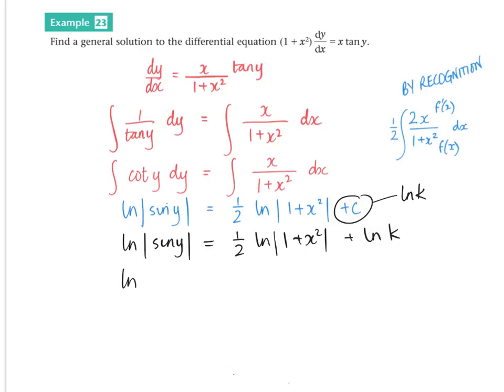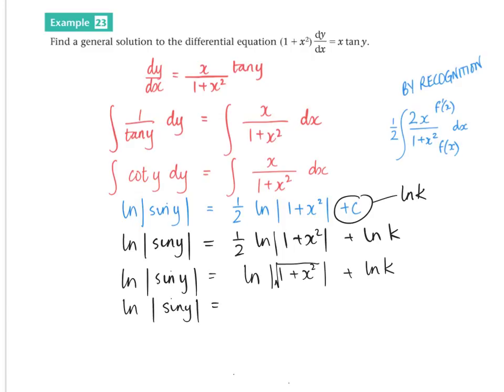So we could say ln sine y is equal to a half, now I'm going to take the half away actually, because the half's only with the 1 plus x squared, so it would be ln of the square root of 1 plus x squared, plus ln k. And then I can bring them together using laws of logarithms.